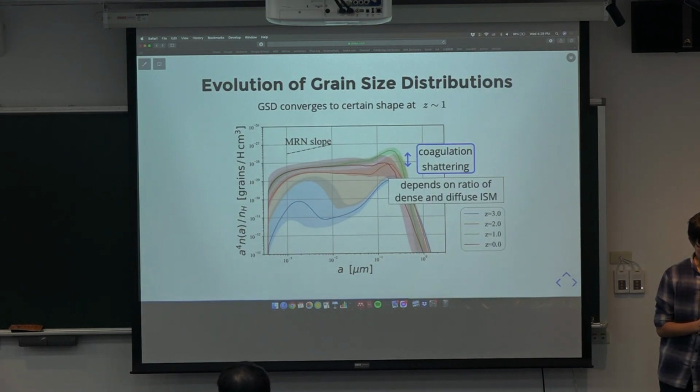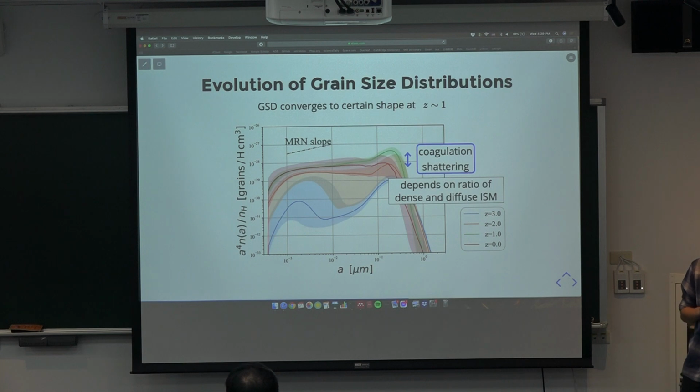Because there is no increase in any of the other sizes, there is only a decrease. So presumably it is just destroyed or going into the CGM.